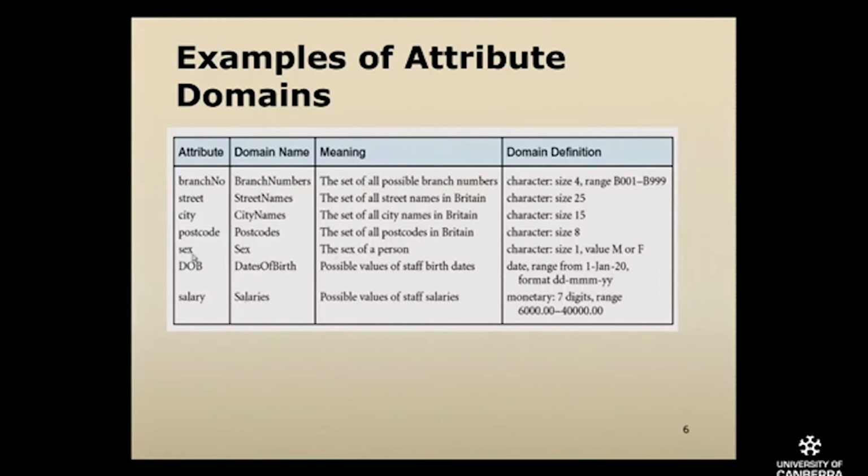For example, if you look at city, it is the name of a city, and the meaning is the set of all city names in which we have a branch. Okay, this comes from your book, it says Britain, because the book is written by a British author. And then it says the size of the city name, 15 letters, or 15 characters.